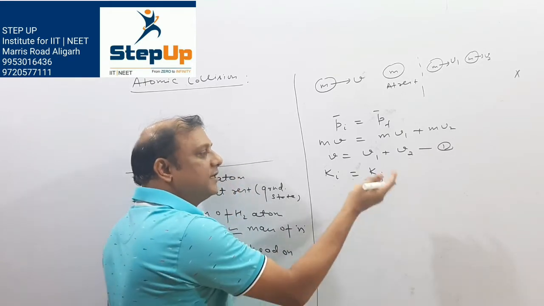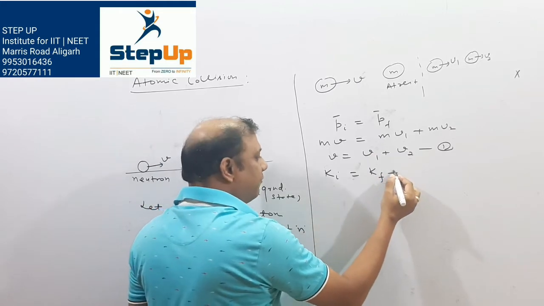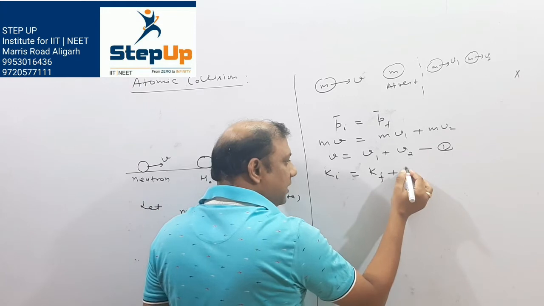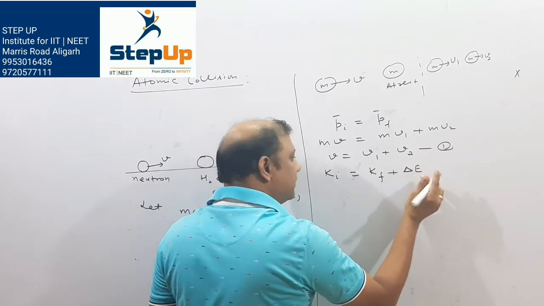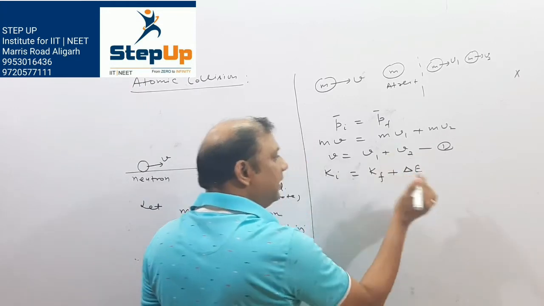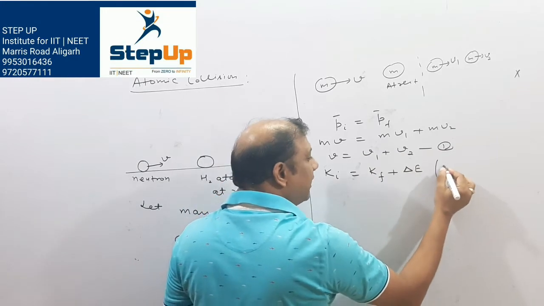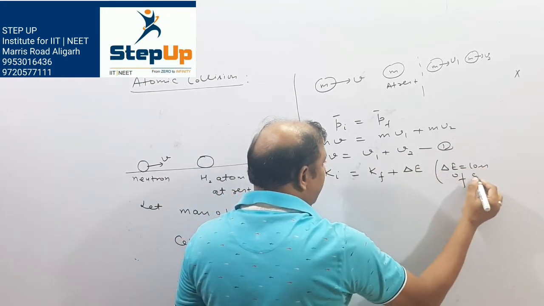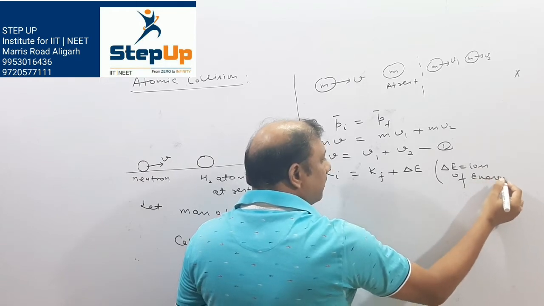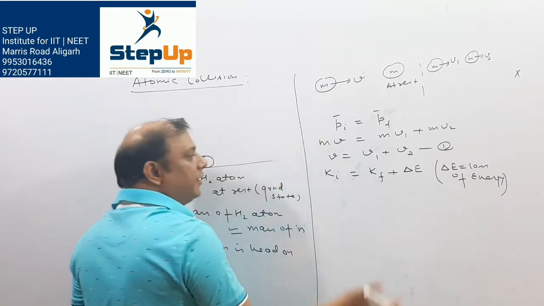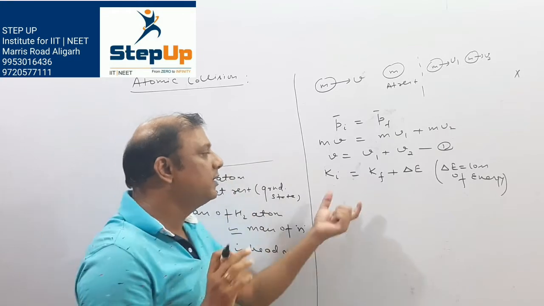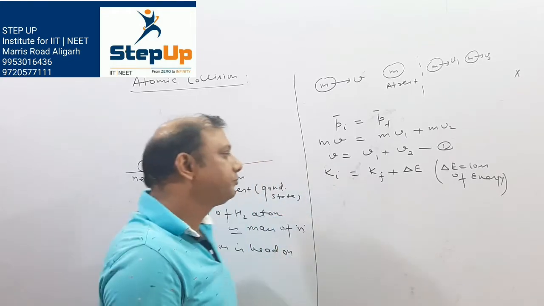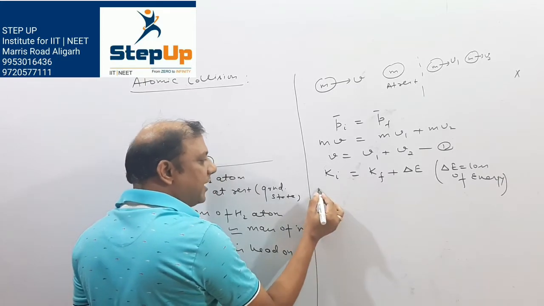But if the collision is inelastic, some loss of energy takes place. Let that energy be delta E, the loss of energy. Here we are assuming that the collision is inelastic.